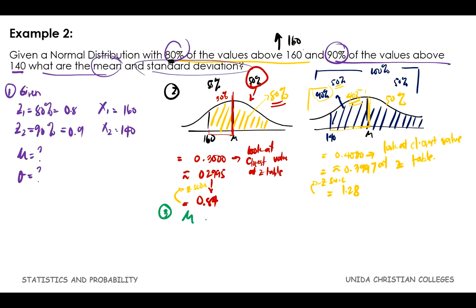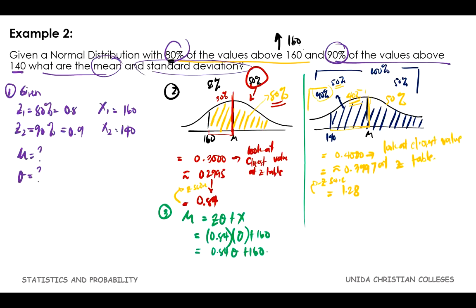The formula for the mean is equal to z times standard deviation plus x, or x scores. So, dito muna tayo, class. Our z is 0.84. Our standard deviation is still missing, plus x. So, here, our x is 160.